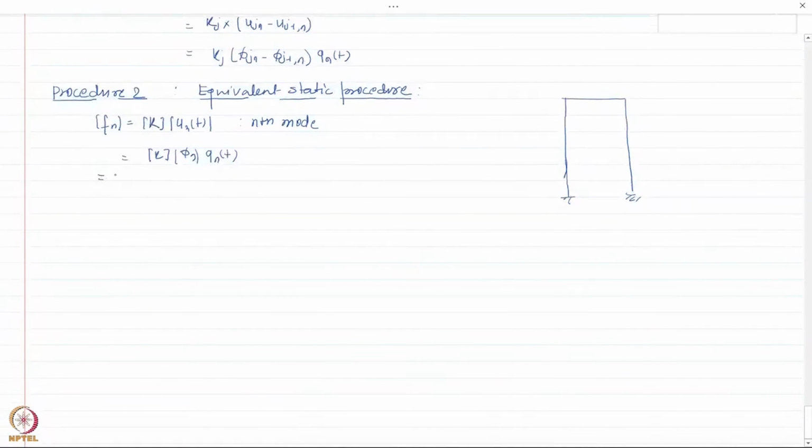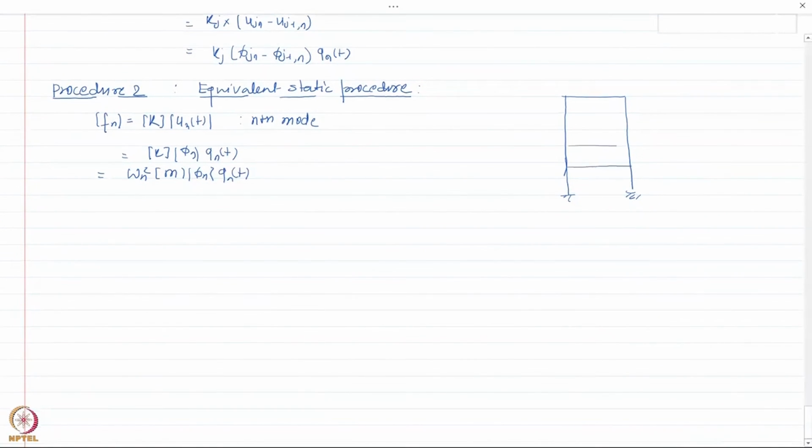And remember, from the eigenvalue equation, this is nothing but omega n square m times phi n times qnt. We can utilize this to find out the equivalent static forces at each degree of freedom. Let us say here it is F1n, F2n, and at some story here Fjn, and so on. These are the equivalent static forces at each degree of freedom in the nth mode.